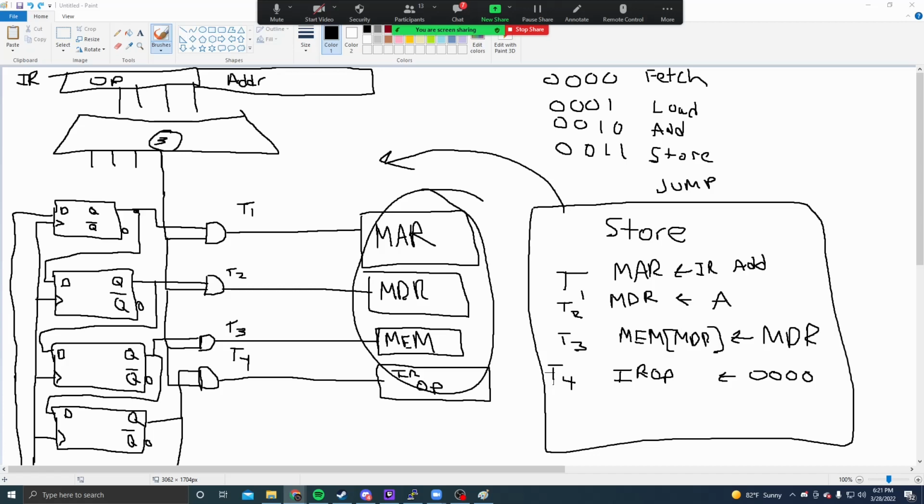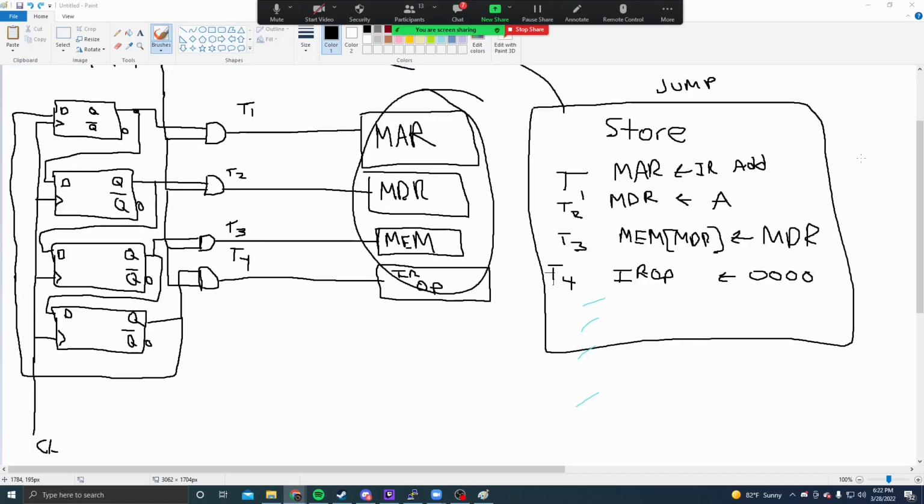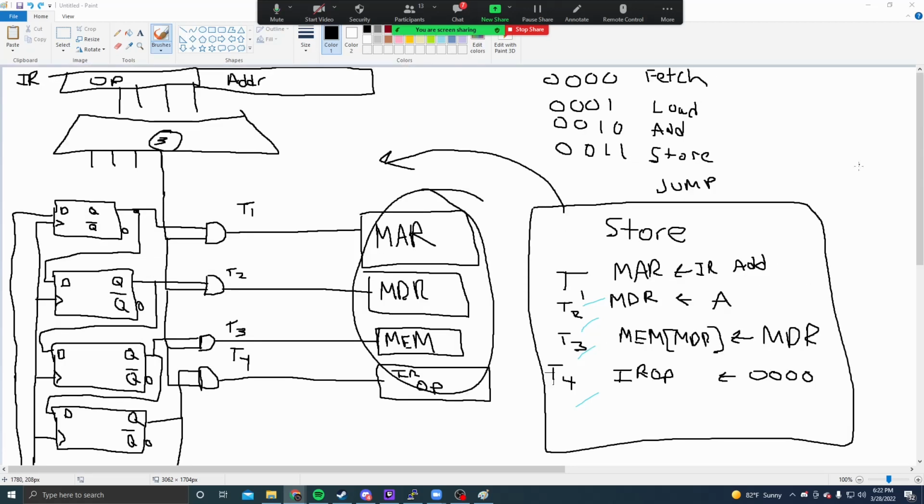I don't recall which one goes first, but there's an order. Let me see if I can find it. I believe the order is. Let's scroll down a little bit. Let me see if I can find it over here. Yeah, there's nothing down there, just the clock.